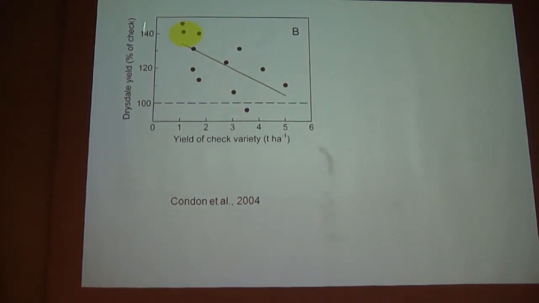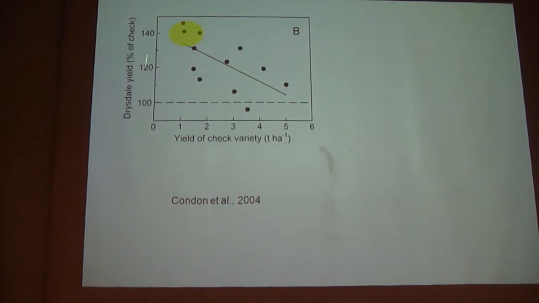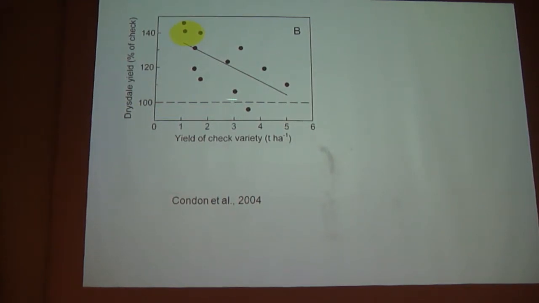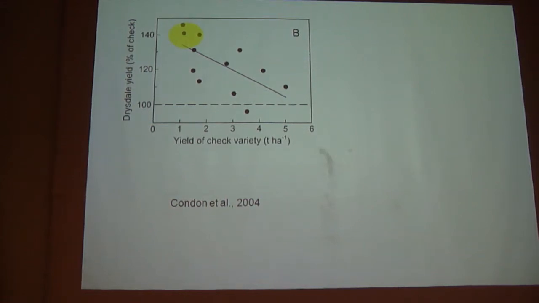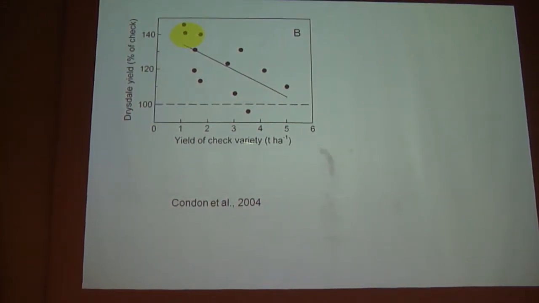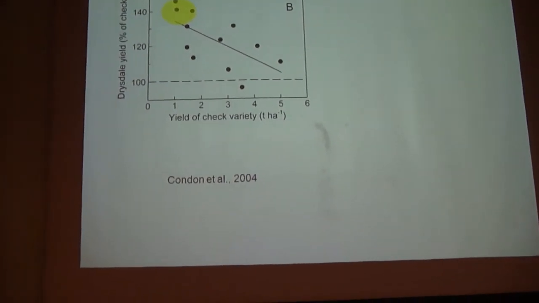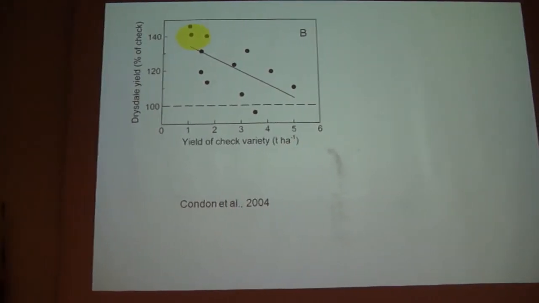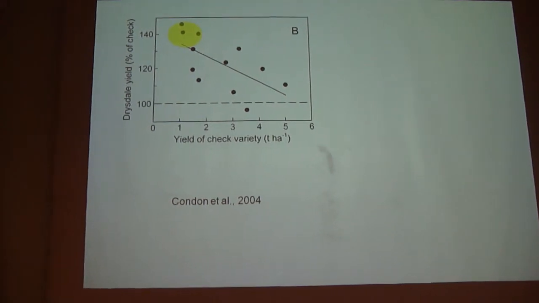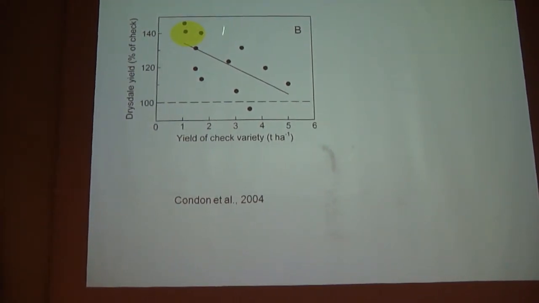The vertical axis is the yield of this Drysdale wheat relative to a check variety at the same location. So 100% means there is no difference in yield of the two. The horizontal axis is the yield of the check variety, so that's basically an index of how dry things were at the particular location. And in the driest locations, Drysdale has 40% higher yield.